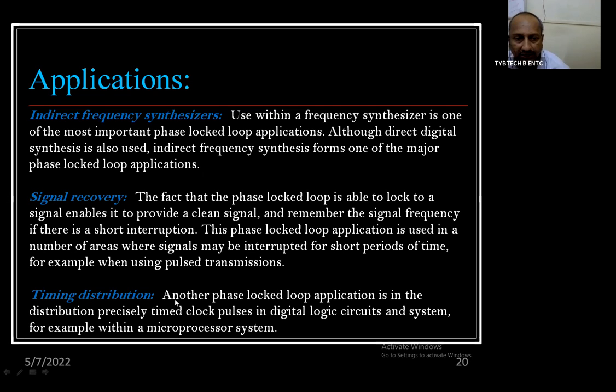Timing distribution. Another application is precisely timed clock pulses. Means in some applications, one circuit requires a 10 millisecond working time, another circuit in the same application requires 20 milliseconds, another requires 30 milliseconds.